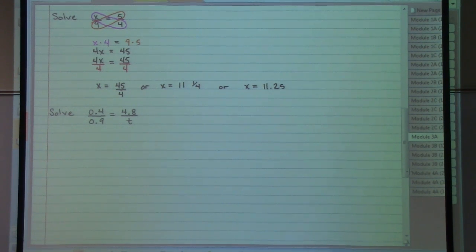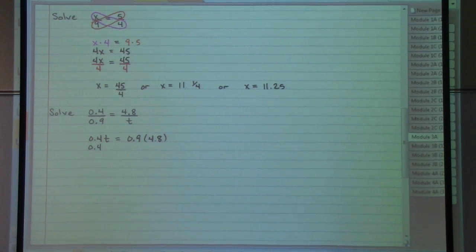What we're going to have to do is a little bit of cross multiplying, and eventually we're going to have to do a little division, and then we should come up with our answer. So if we start out with our cross multiplying, we start with the top number of our first fraction times the bottom number of our second fraction. And that's going to need to be equal to the bottom number of our first fraction times the top number of our second fraction.